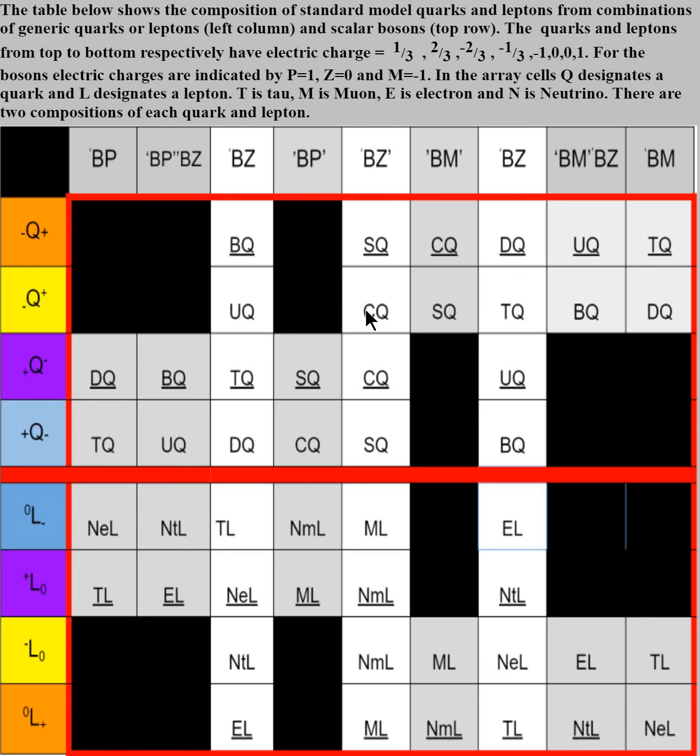Now we can go up here and see that we have a C quark and an S quark again. And we'll see now that the C quark is now being composed with a boson zero, as before it was being composed with a boson plus.